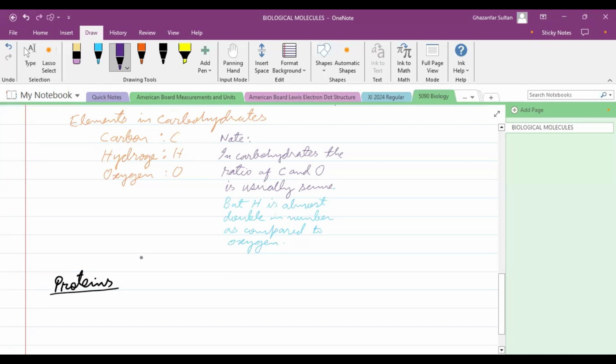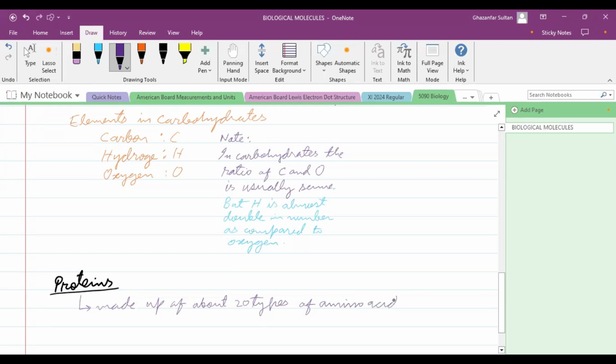So these all are proteins, and proteins are made up of a large number of amino acids, about 20 types of amino acids.